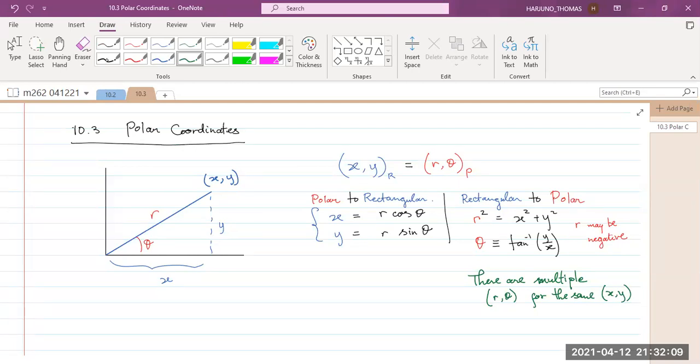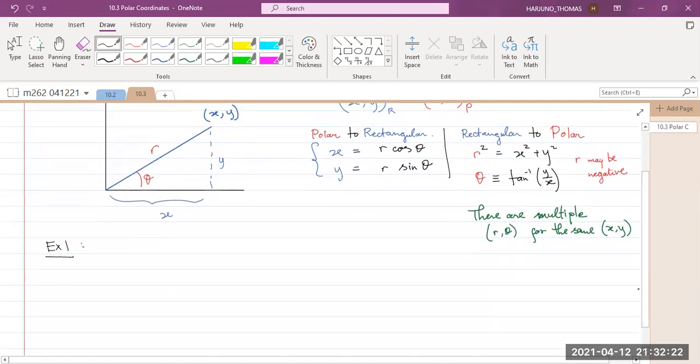Now let's do conversion from polar to rectangular first, the easy one first. Again, this is a review from your intermediate, this is a review from your trigonometry. So for example, I do number 3. I believe I did number 4 in my lecture. So number 3, find the rectangular coordinate system.